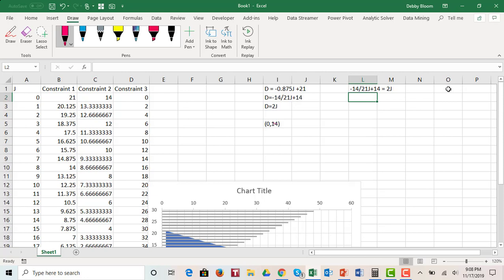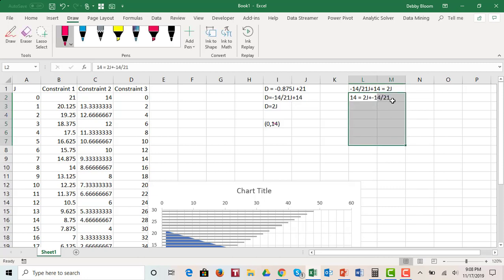So now I need to solve for j. So I'm going to add 14 divided by 21j to both sides. So I'm going to get 14 equals 2j plus negative 14 divided by 21j.